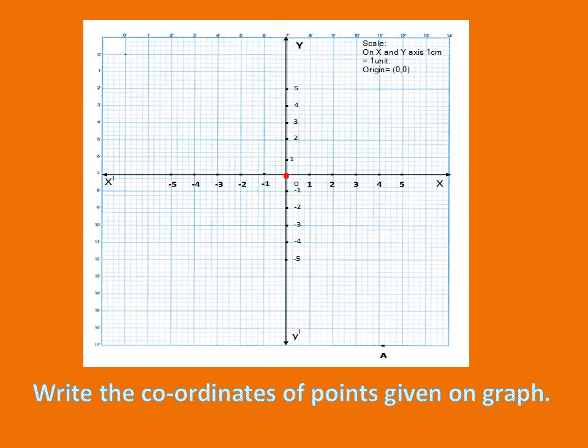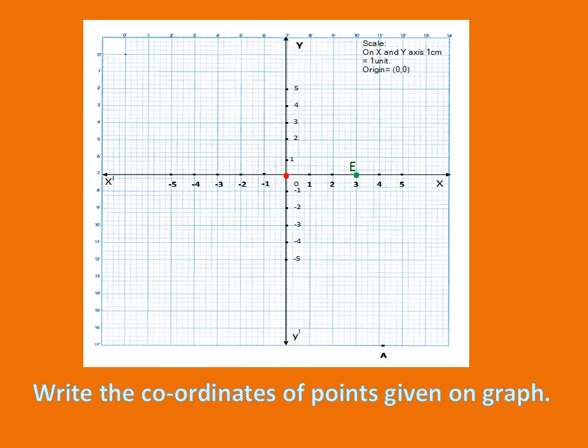So you can ask, what is the x coordinate of that point? 0. Y coordinate of that point? 0. So what will be the coordinates? 0 comma 0, which you can see is the origin. Clear? One more point, E, is given. E has x coordinate as 3 and y coordinate as 0.